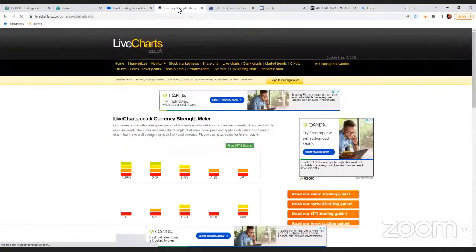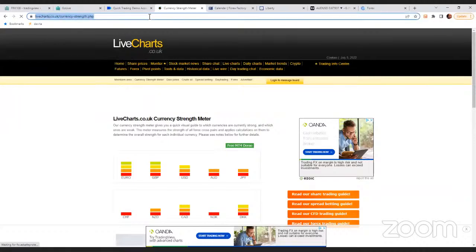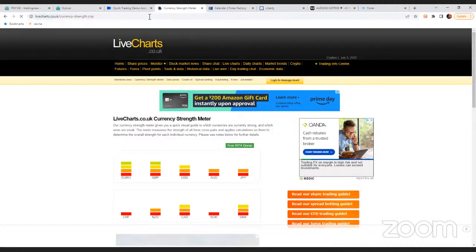And of course, my computer is taking too long. GBP, JPY. So we can go with GBP, JPY, just because that's what's being traded right now.